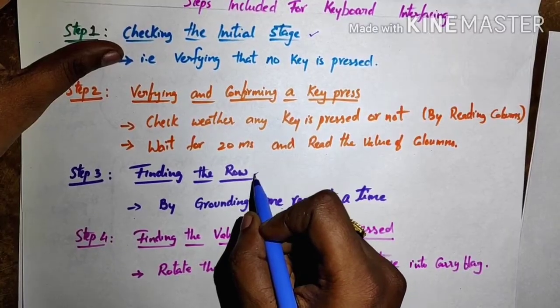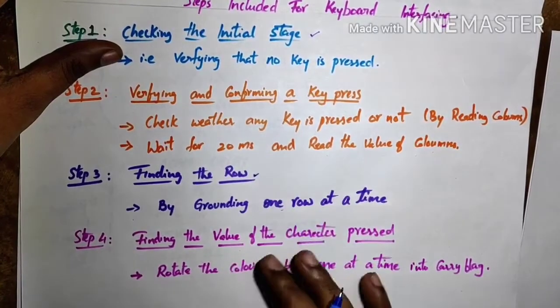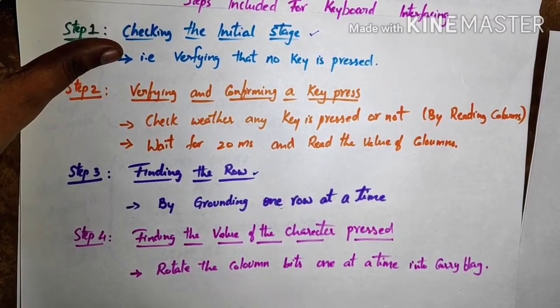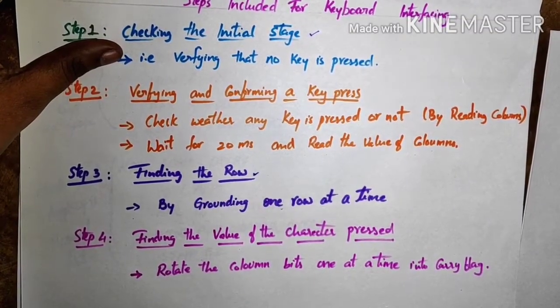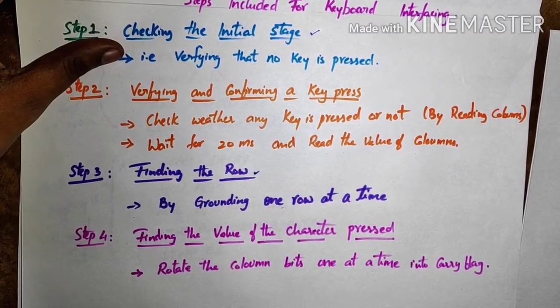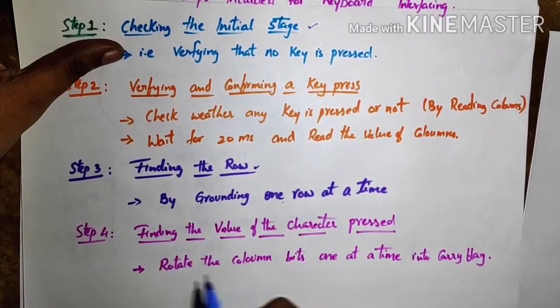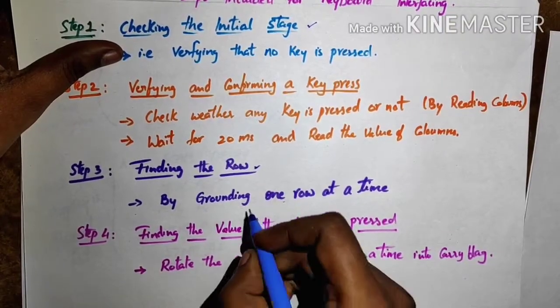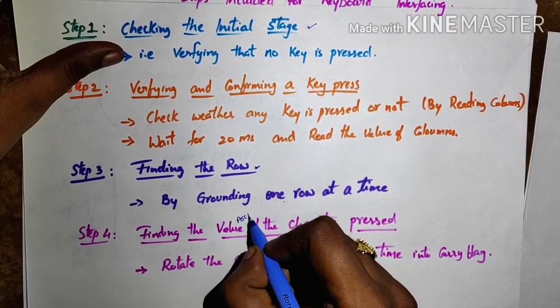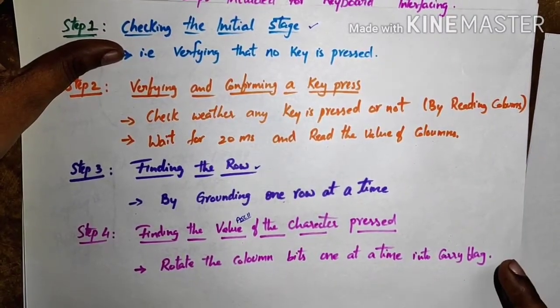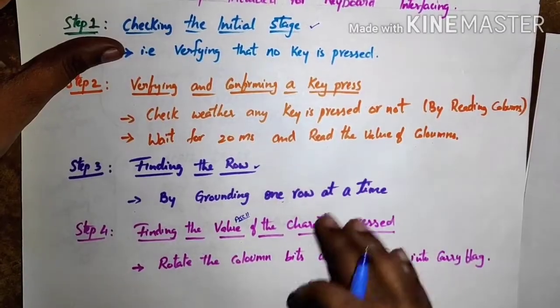After finding the row value, we have to fetch and place the value of the particular character as the key value. That value is nothing but the ASCII value. We will follow a process and see it clearly in our program.